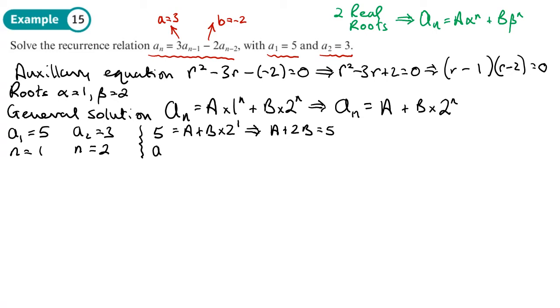And then we have a2 equals a plus b times 2 to the power 2. And since a2 is 3, we can write 3 here. So this will give us our second equation, which is going to be a plus 4b equals 3.